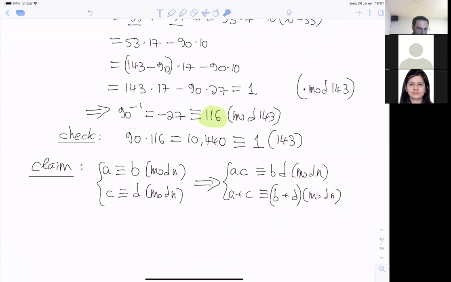So if A is equal to B plus some K1 N, and C is D plus K2 N, then once you multiply AC, you multiply actually this with this, and every time you have N it is 0.